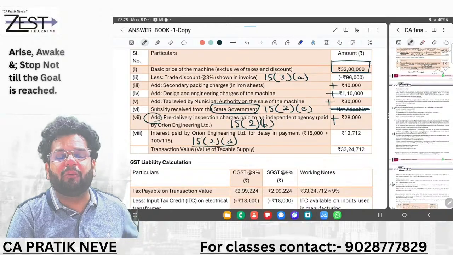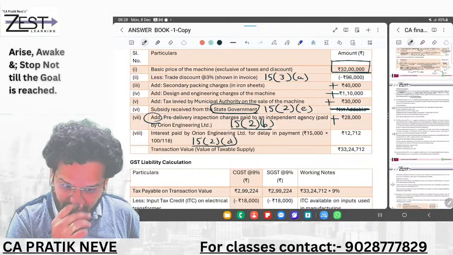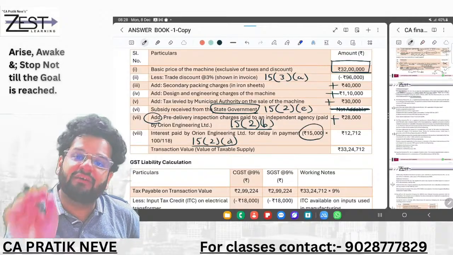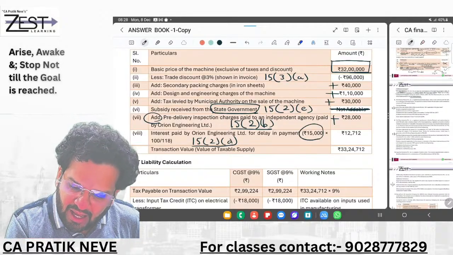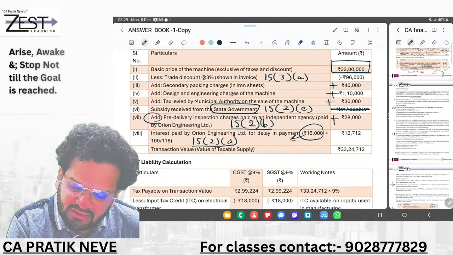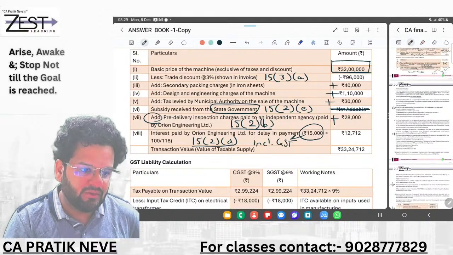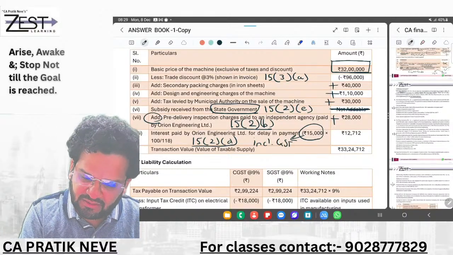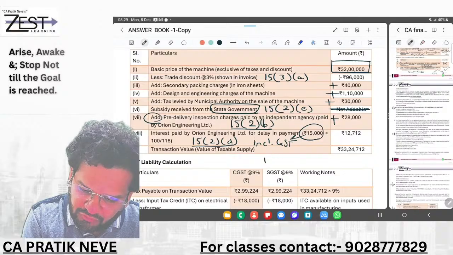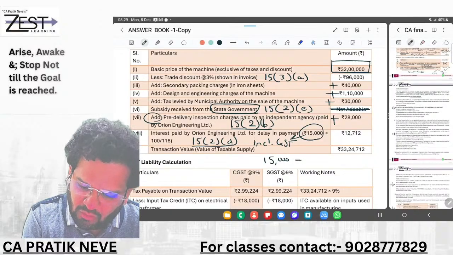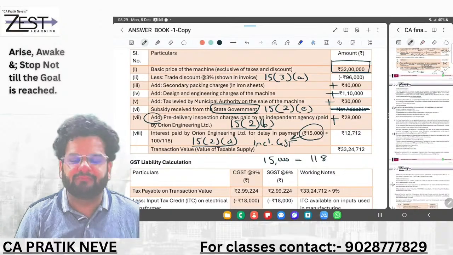One small point I would like to tell you. We have received interest of 15,000. I have assumed that it is received including GST. So what we have done is, 15,000 is equal to 118.